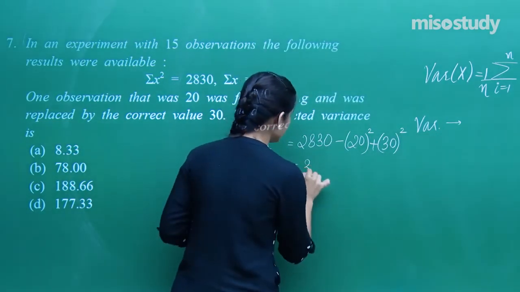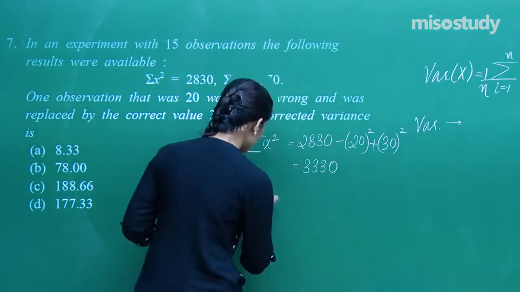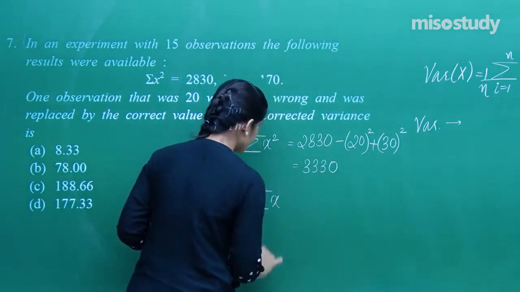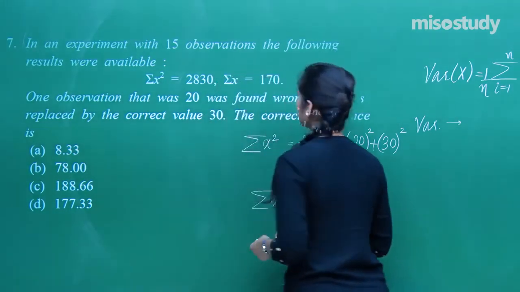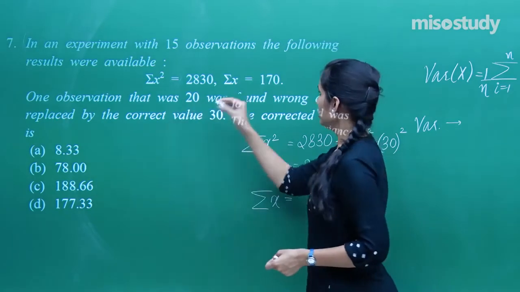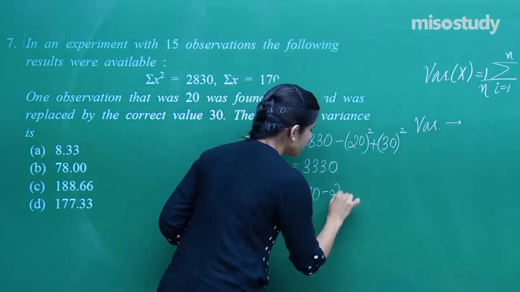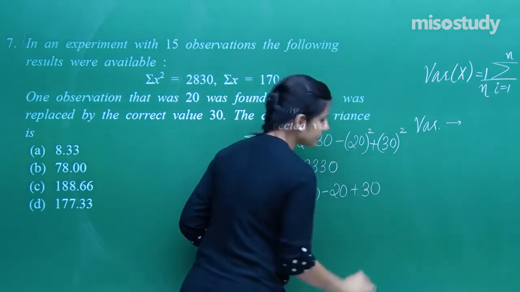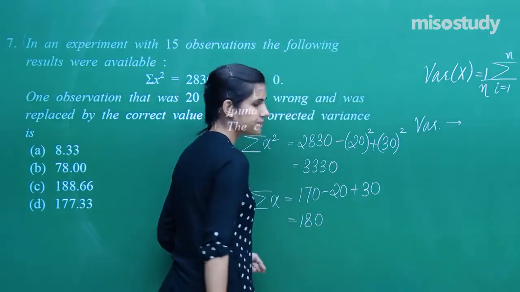This gives you 3330. Similarly, when I am talking about summation x, 15 observations are added, out of which 20 is wrong. Previously I added 15 observations, I got 170, 20 is wrong, 30 is right. So here I get 180.